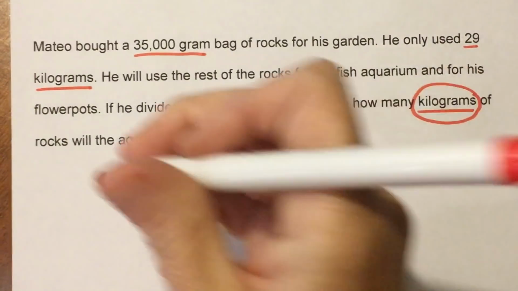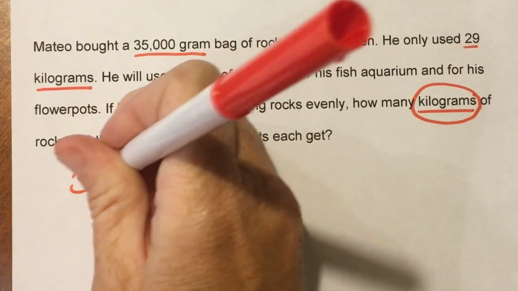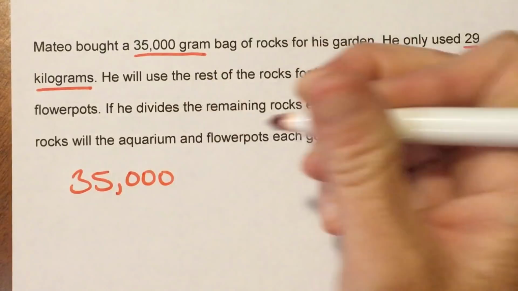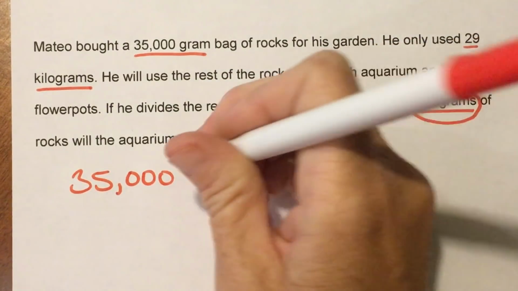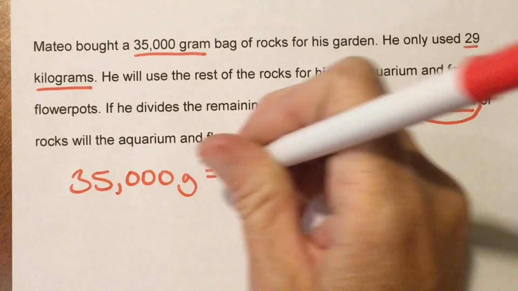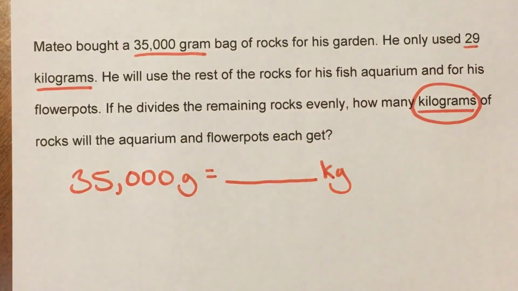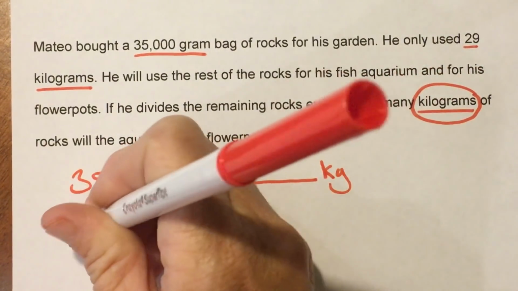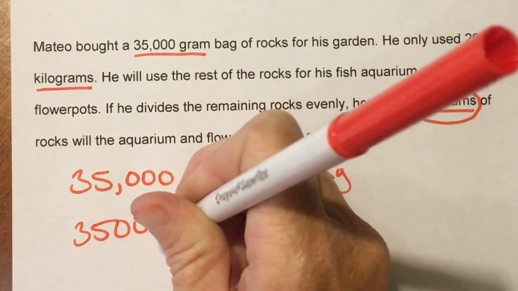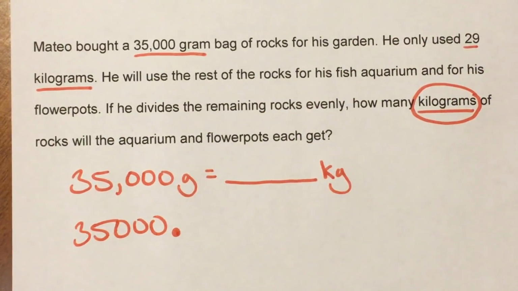Well, because it's metric system, I know I'm going to be using King Henry Died By Drinking Chocolate Milk. So I need to change 35,000 grams to how many kilograms? So I'm going to rewrite it with a decimal at the end.